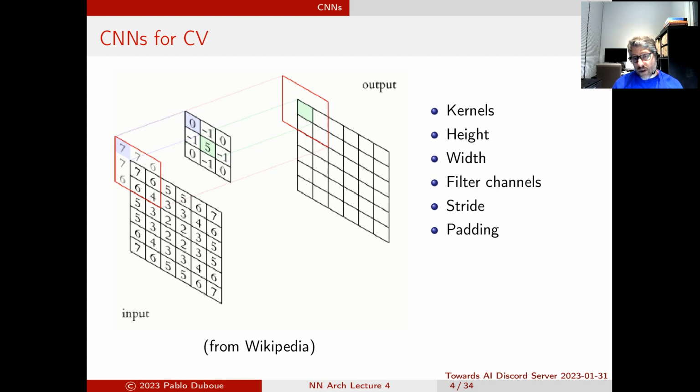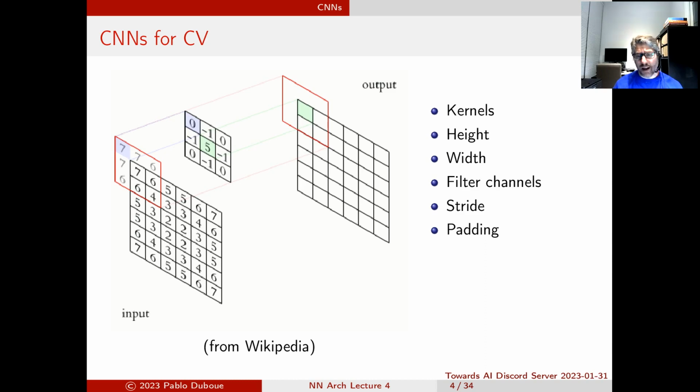As I was mentioning, the idea of CNNs is based on kernels, which in this image taken from Wikipedia is the little matrix in between the input and the output. The one that has 5 in the center, that's a kernel. The kernel captures the processing that is being done from the input to generate the output.